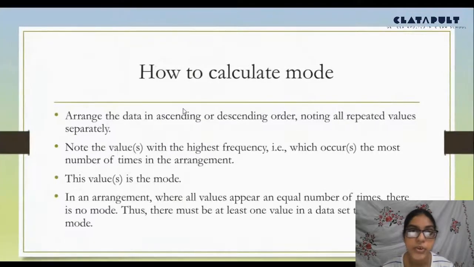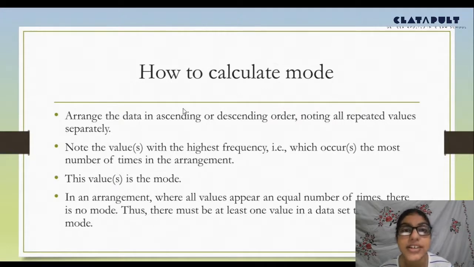To calculate mode, we don't really have to do much. We don't have formulae as such. We will simply arrange it in ascending or descending order. This is done to make it easier to calculate the mode. It's not necessarily something that we must do. We can count the different value frequencies from the data set in a disorganized way as is given.